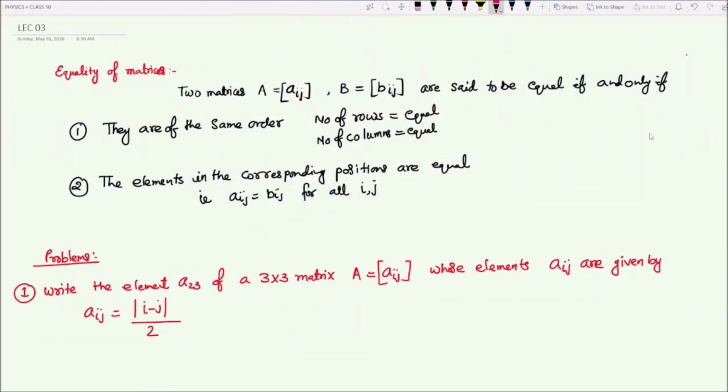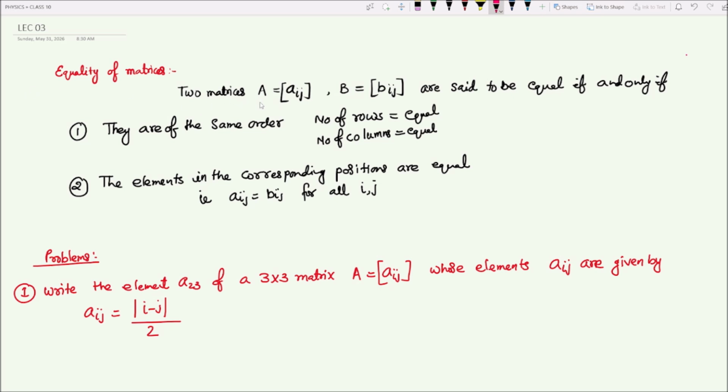So in this class, we will see some problems related to matrices. First we will define some properties of matrices, like equality of two matrices, and how two matrices are equal to each other.